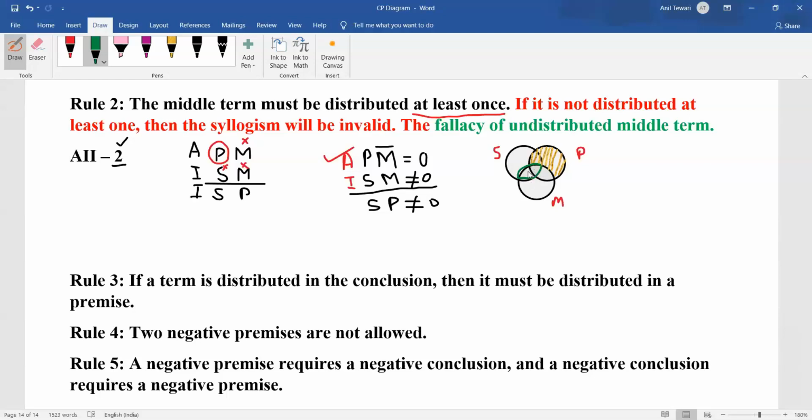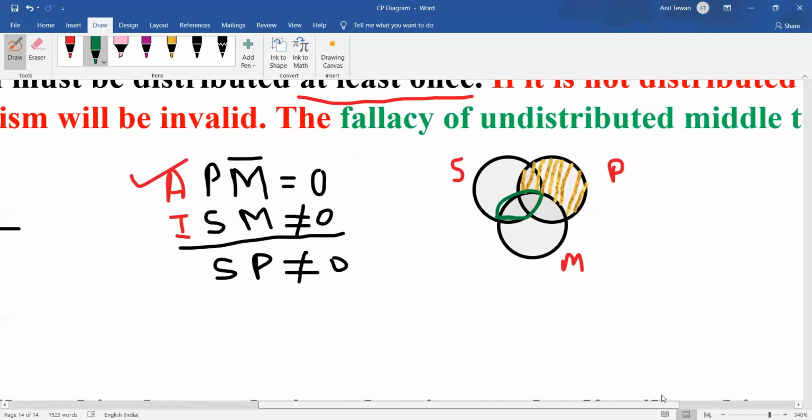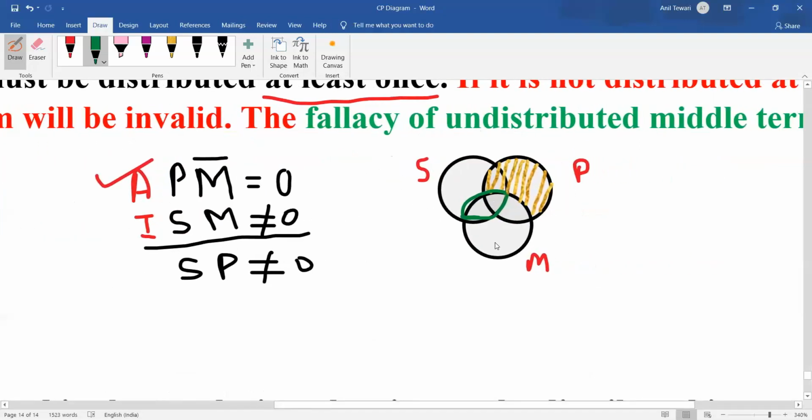Now, if you look at this area in between, this is to tell you how you are going to put the cross. In this area, you have the area which is subject and middle, and here you have the area which is subject, middle, and predicate. This area is between all three. So now there is a confusion because the proposition says that we have to put a cross in the common area of subject and middle.